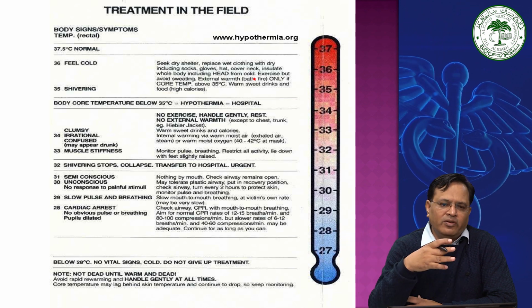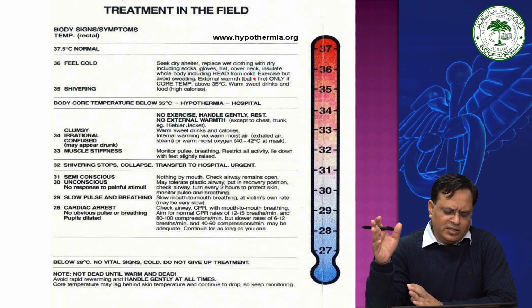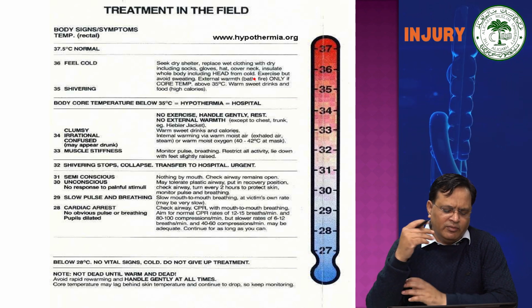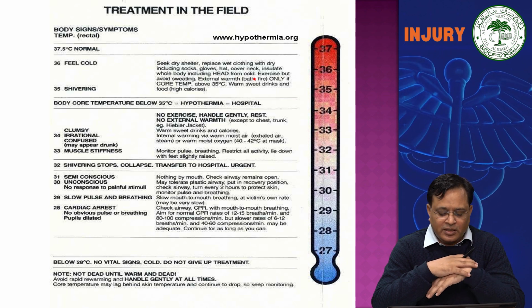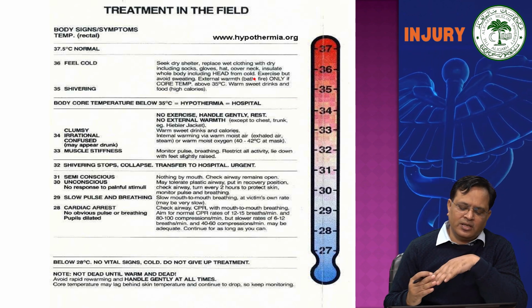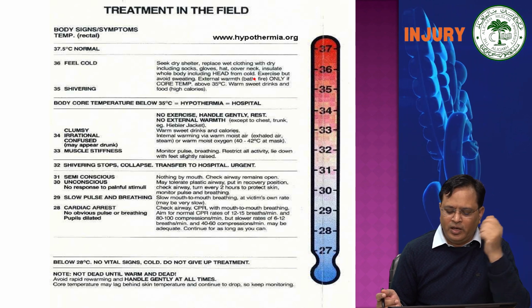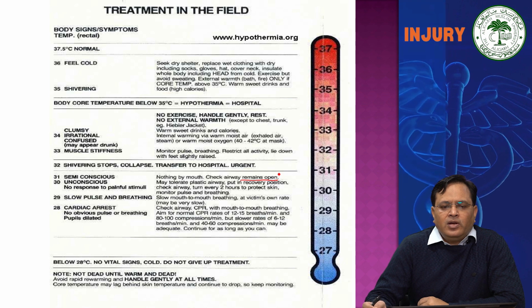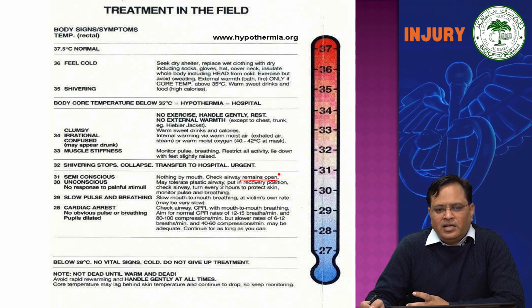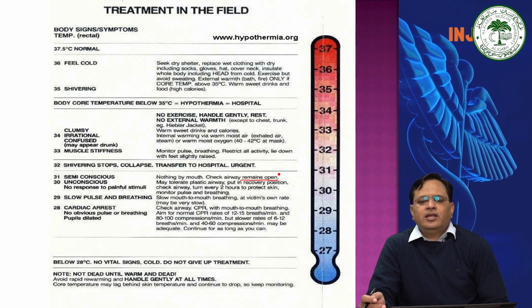So lie down and raise the feet so that the core body temperature is maintained. Then it comes to the periphery. These are the various exercises of limb elevation. If the shivering stops and the person collapses, then transfer to hospital urgently. If semi-conscious, give nothing by mouth, check the airway and keep it open. The person may tolerate a plastic airway, otherwise put them in the recovery position.